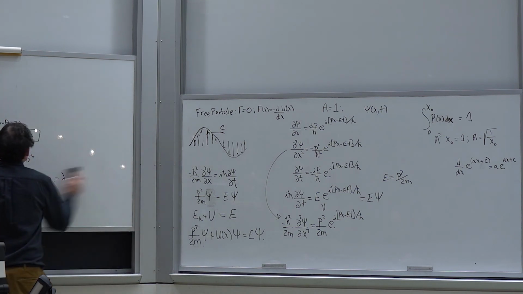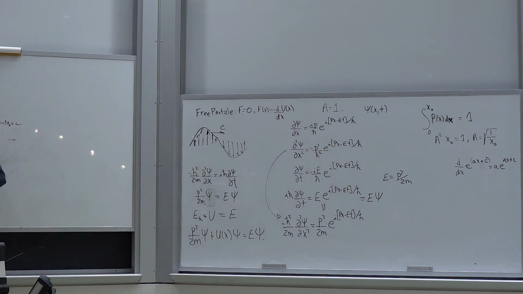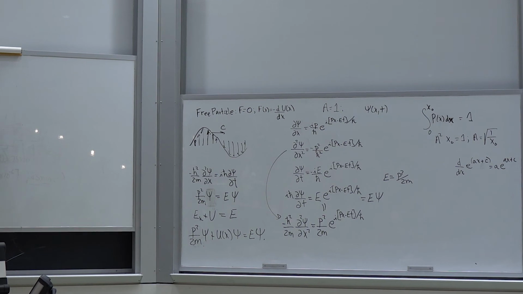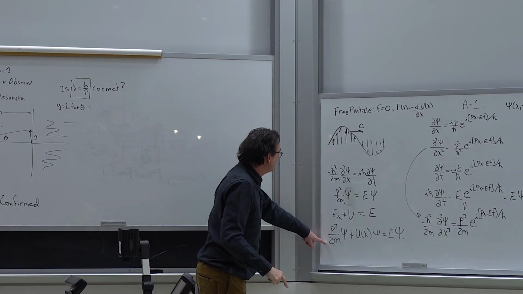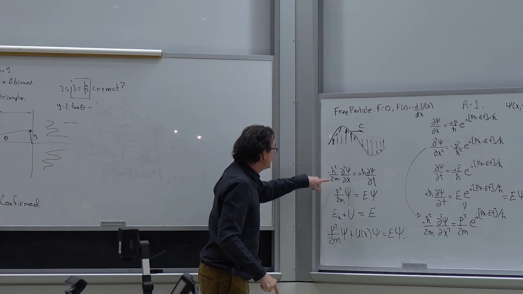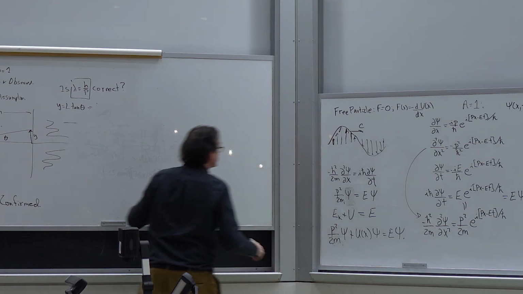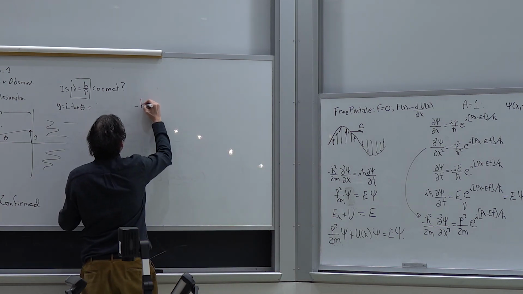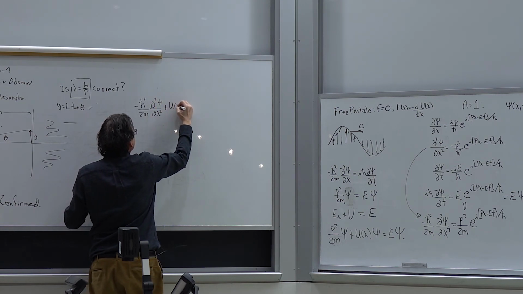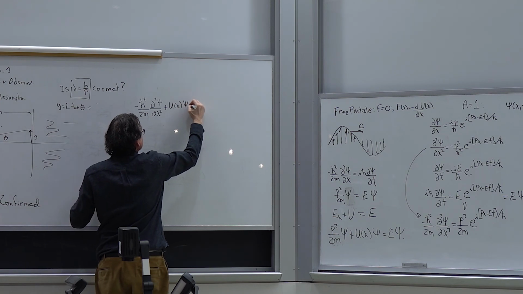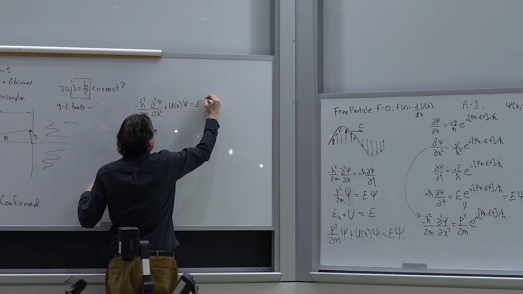Okay, so let's go back and finish this up. Now I substitute what p squared over 2m is. It's this derivative. So I can replace that with minus h bar squared over 2m times the second derivative of psi with respect to x, plus U of x times psi, is equal to the energy times psi.